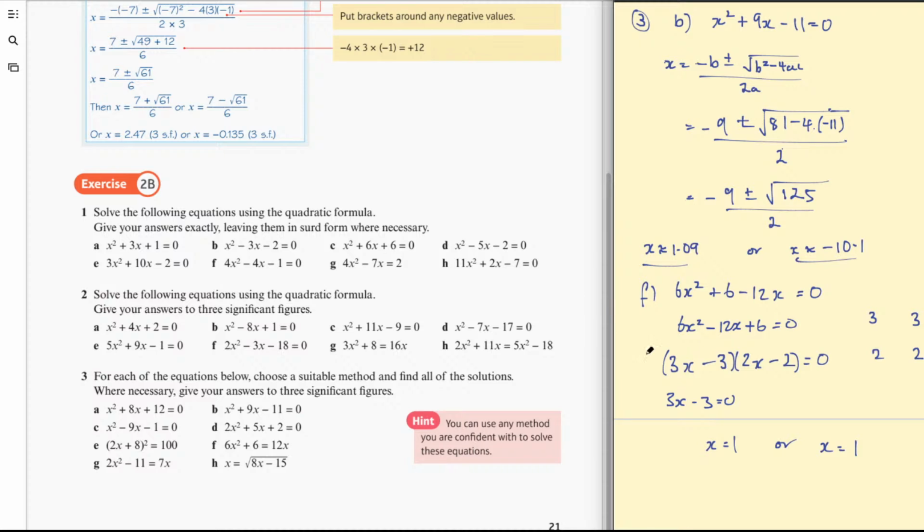I'm just wondering, is there a way to know that just looking at that quadratic? Oh, we could have divided through by 6. So if we take this quadratic and divide through by 6, we get x squared take 2x plus 1.